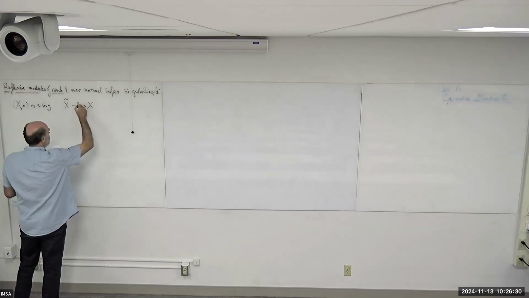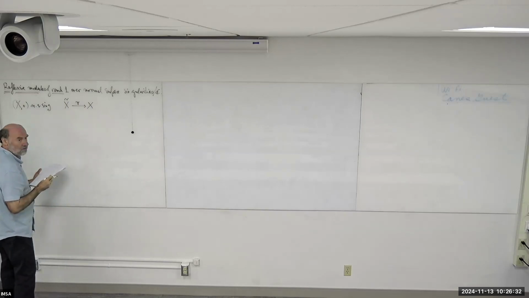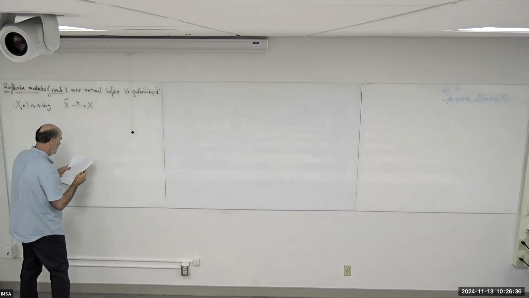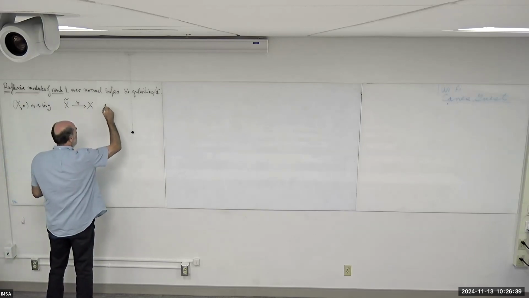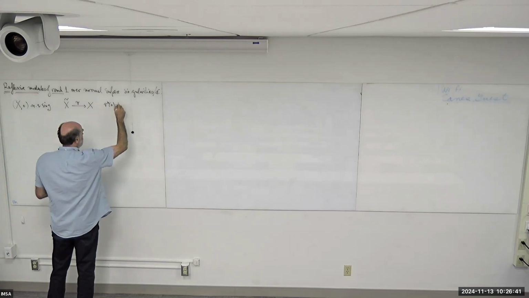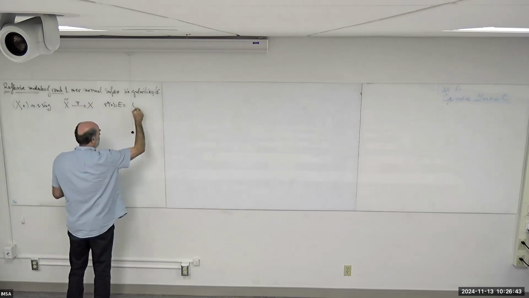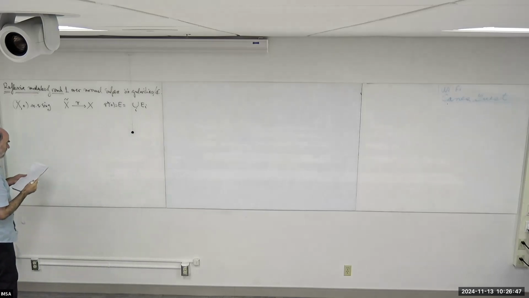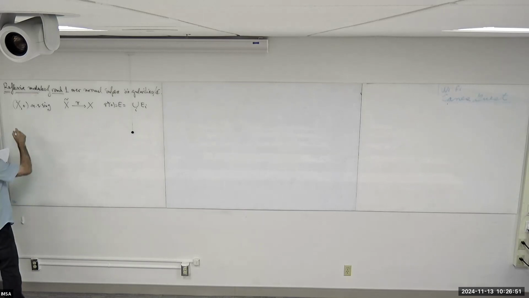At some point it will be important that it's minimal or minimal good, but in many cases it's not important. And we will use the notation E for the exceptional curve, and we have the irreducible components E_i of the exceptional curve.